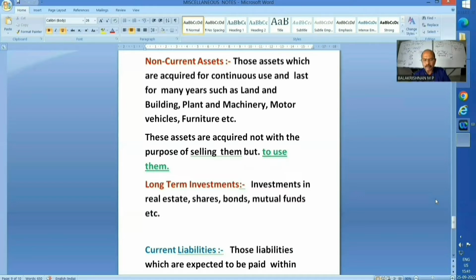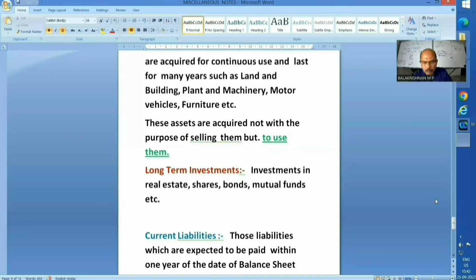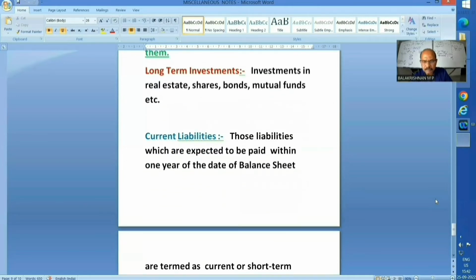All left-out goods by way of closing stock will be a current asset only, right? So non-current assets predominantly are for using in the business and not for the purpose of selling them. Next one, long-term investments. Investments in real estate, shares, bonds, mutual funds, etc.